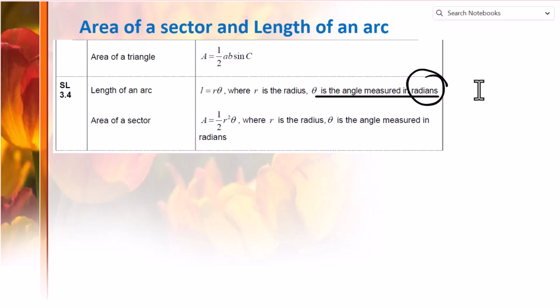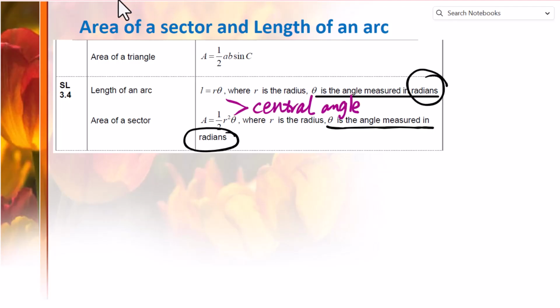Area of a sector, A equals 1/2 r squared theta, where theta is the angle measured in radians. Also remember this angle theta is the central angle.